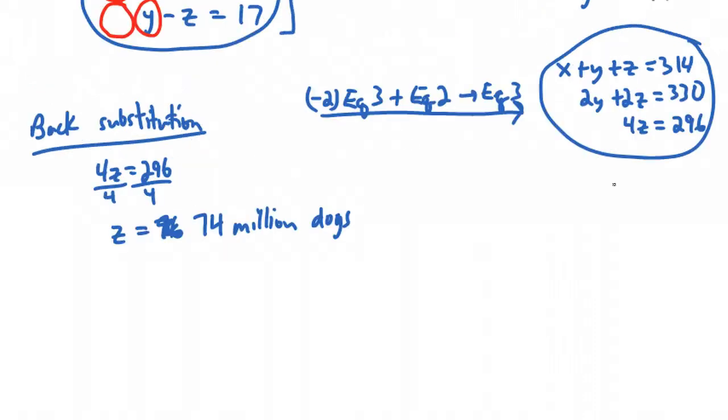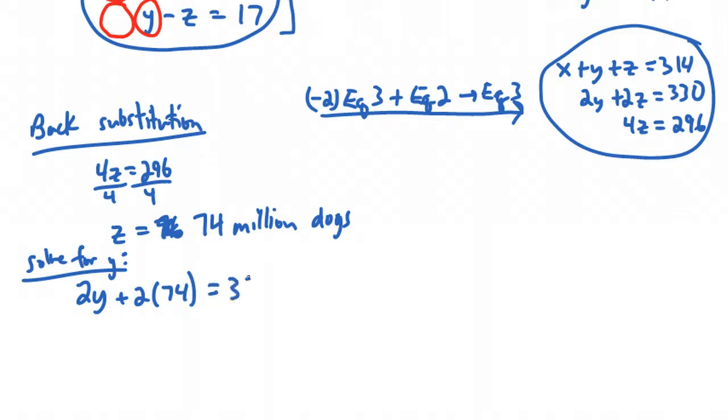Now let's look at the second equation. We have 2y, so here we'll solve for y. We have 2y plus 2 times z, but we know what z is. It's 74, equals 330. So we have 2y plus 148 is equal to 330. Subtract 148 from both sides.